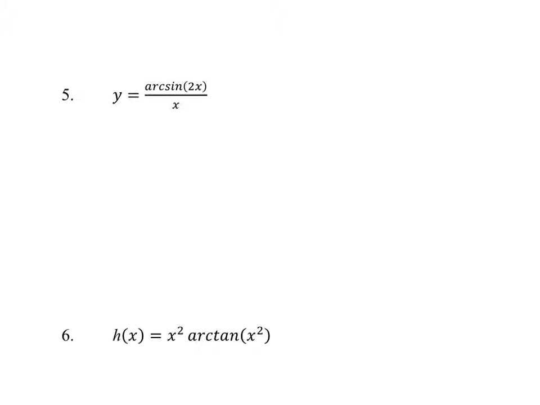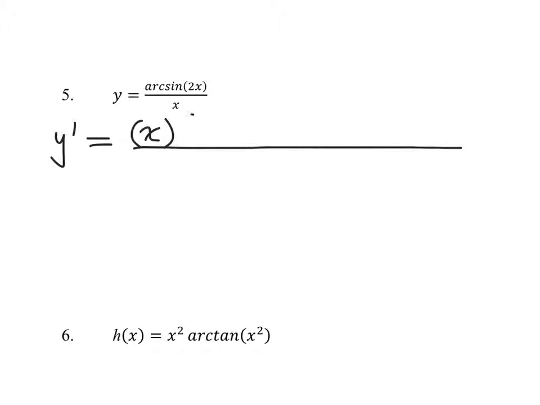Number 5, quotient rule. Low d high minus high d low over denominator squared, and away we go. So low, and I need my d high. So the derivative of the numerator is going to be, it's a fraction.